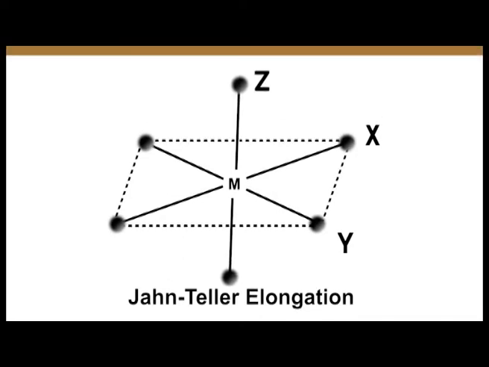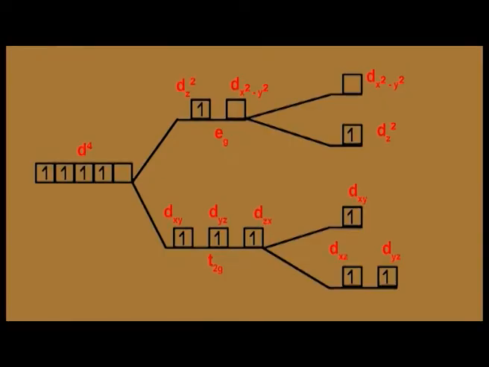Now, let's extend the concept of John-Taylor elongation to crystal field splitting pattern. In this situation, it is obvious that the ligands are not equally repelled in all the directions. Instead, orbitals coming in the direction of z-axis will be repelled less as the ligand in the z direction is farthest.